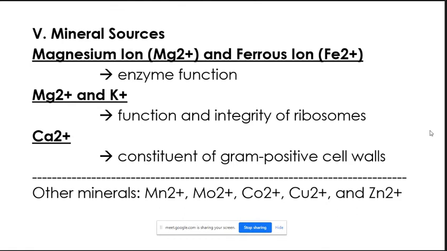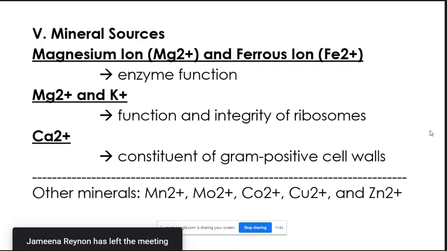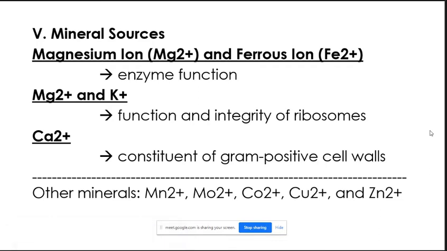So, for minerals and mineral sources, di ba sabi natin kanina, aside from your sulfur and phosphates, there are also these metal and ions that also play a role in the enzymatic activity of the organism. So that what are your mineral sources? You have your magnesium ion and the ferrous ion. This is for enzyme function.